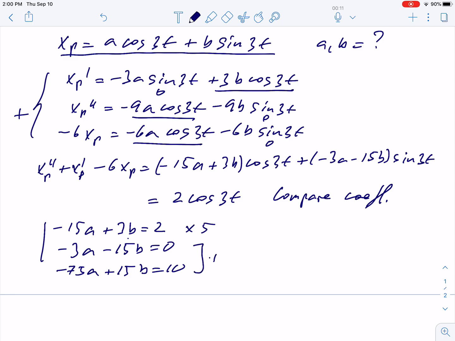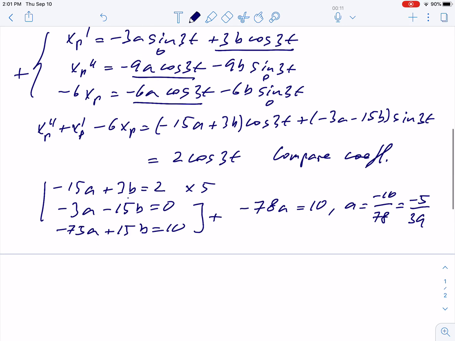And now we add these two equations. You see how b will disappear, and we get negative 78a equals 10. So a will be negative 10 over 78. We can reduce by 2. This will be negative 5 over 39.